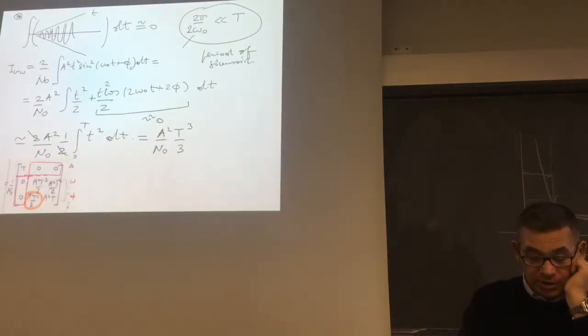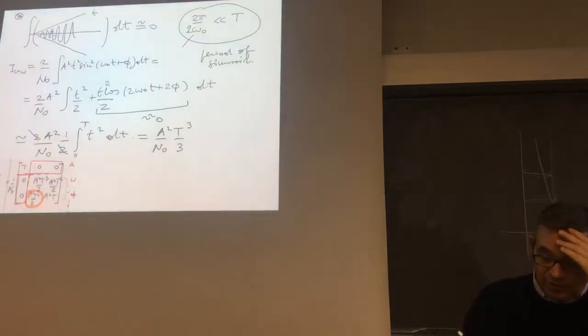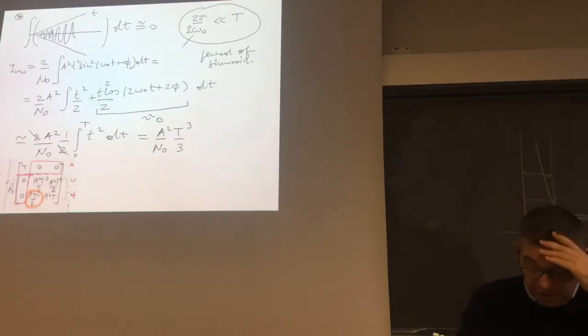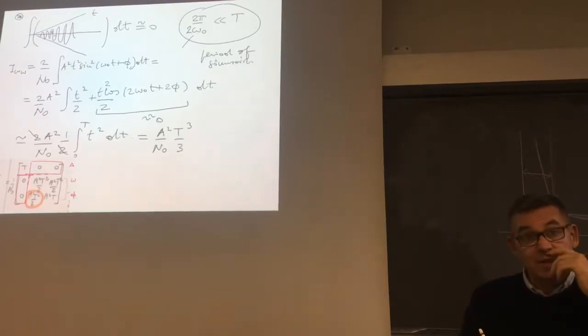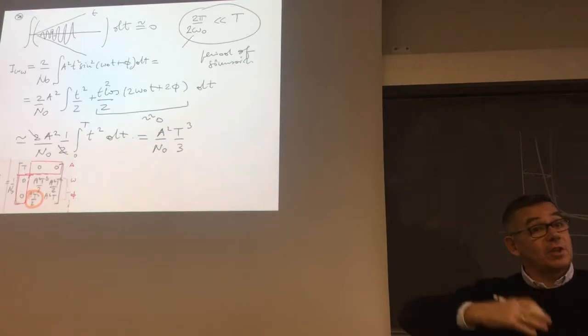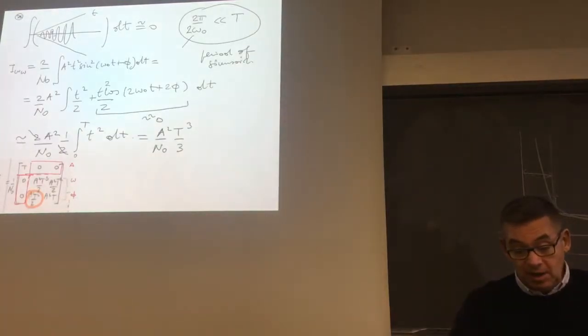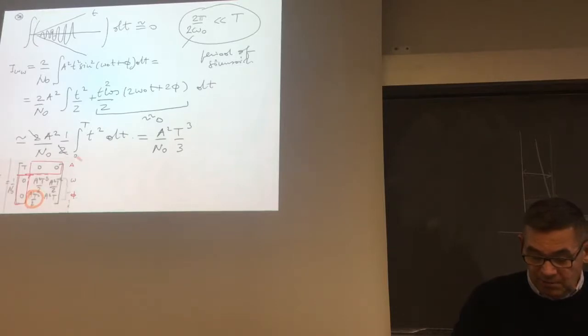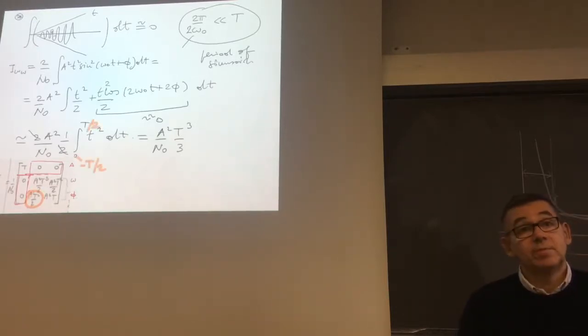Going to the computation of all the entries to make it decoupled, I need to revisit the extremes of integration. All the extremes of integration, rather than being between 0 and T, go between minus T divided by 2 and T divided by 2.